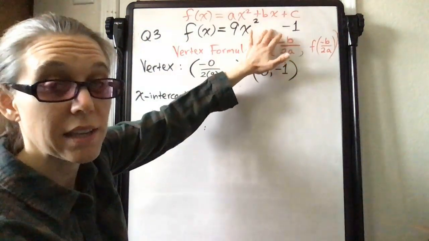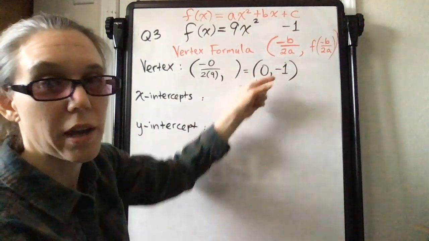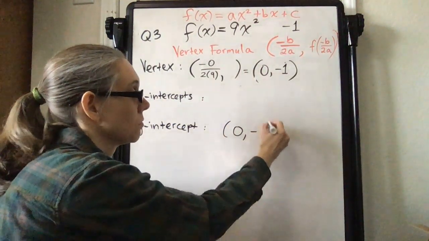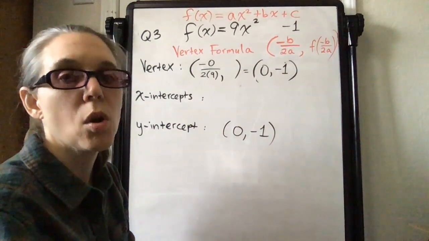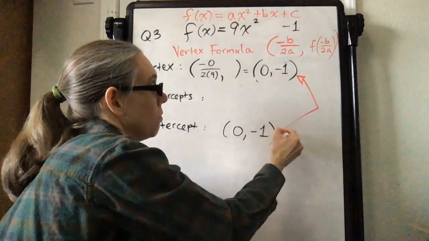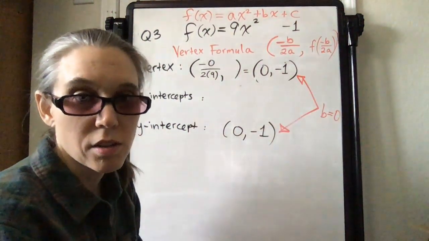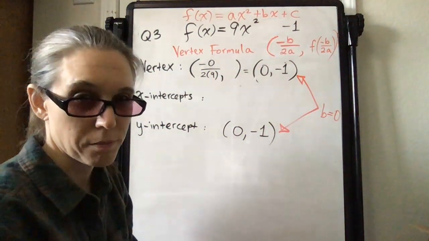It's an easier case. The vertex is the same thing as your y-intercept. So the vertex and the y-intercept will always be the same when b is equal to 0.